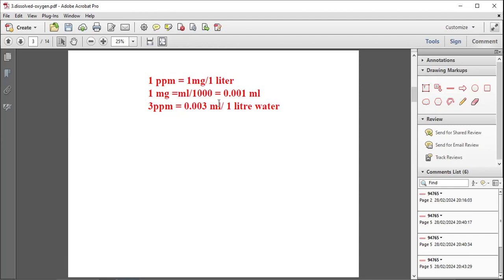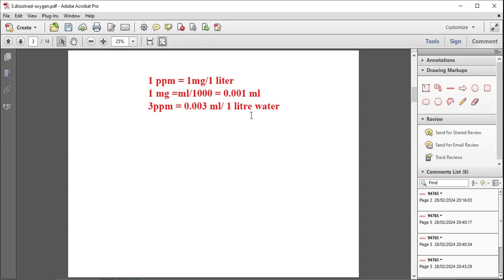3 ppm, you have to multiply this one, is 0.003 milligram. This is milliliter per 1 liter. This is the standard one, 1 liter. No other liquid, only water.